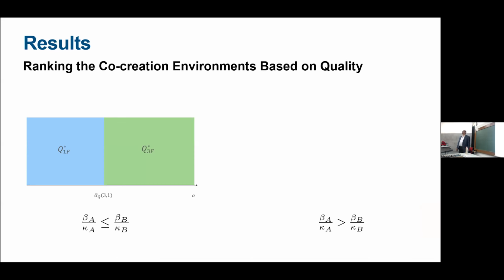If firm A's relative contribution is less than firm B, beta over kappa for A less than beta over kappa for B, then from the quality perspective, consumers either want just the supplier to do everything or all firms to come together.